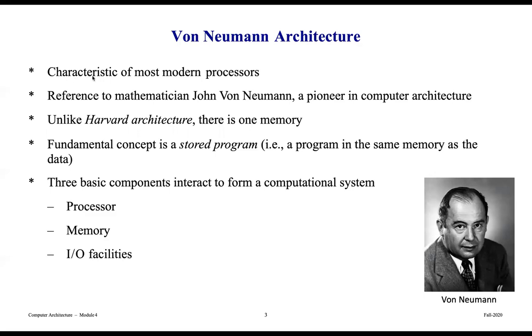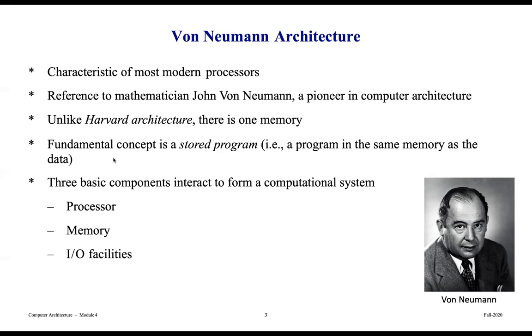The von Neumann architecture is a characteristic of most modern processors. It is named after John von Neumann, here's a picture of him down in the corner, who was a pioneer in computer architecture. The Harvard architecture has two different types of memory, but the von Neumann architecture has just one. It aggregates it all together.